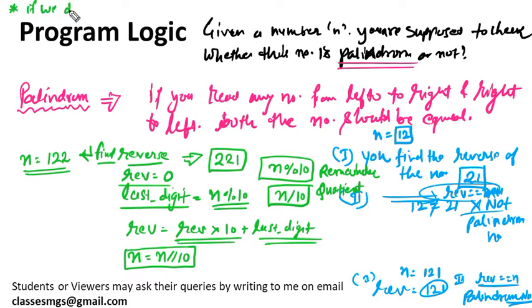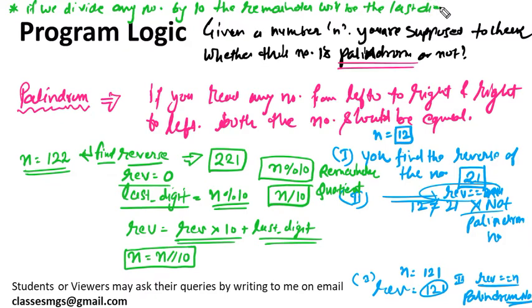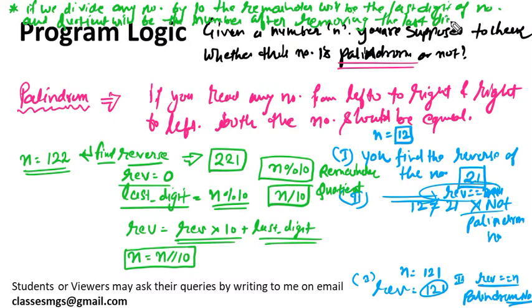If we divide any number by 10, then the remainder will be the last digit of the number, and the quotient will be the number after removing the last digit from the original number.